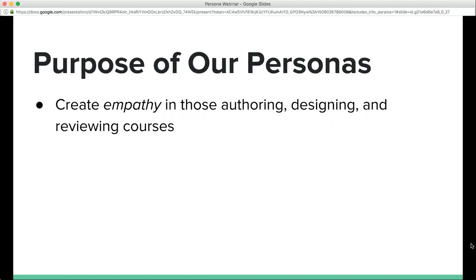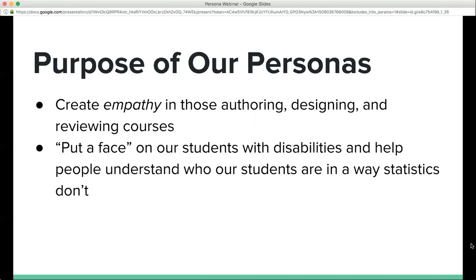If you have any role in that process, I think you could benefit from these personas because it really helps to think about things in a different way, other than your own learning style or your own way that you consume content. Someone might do it completely different from you, especially if they have a disability that means they have to access things in a different way. So the personas can generate that empathy to put yourself in their shoes.